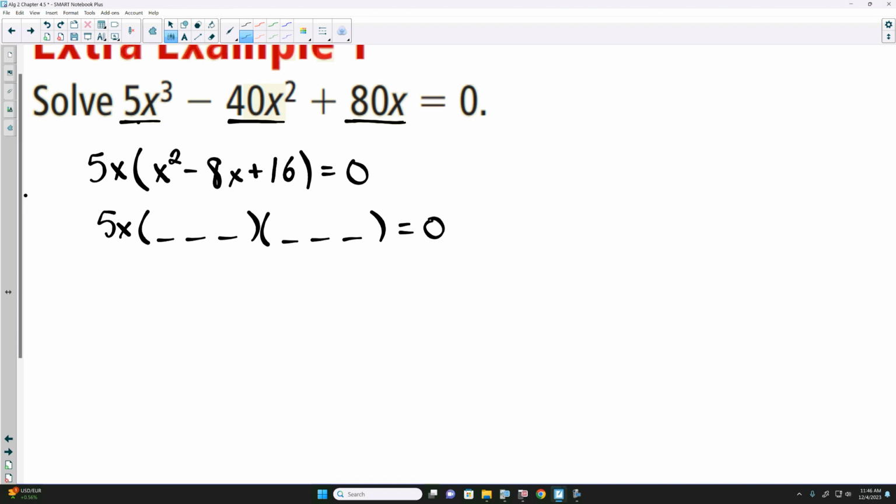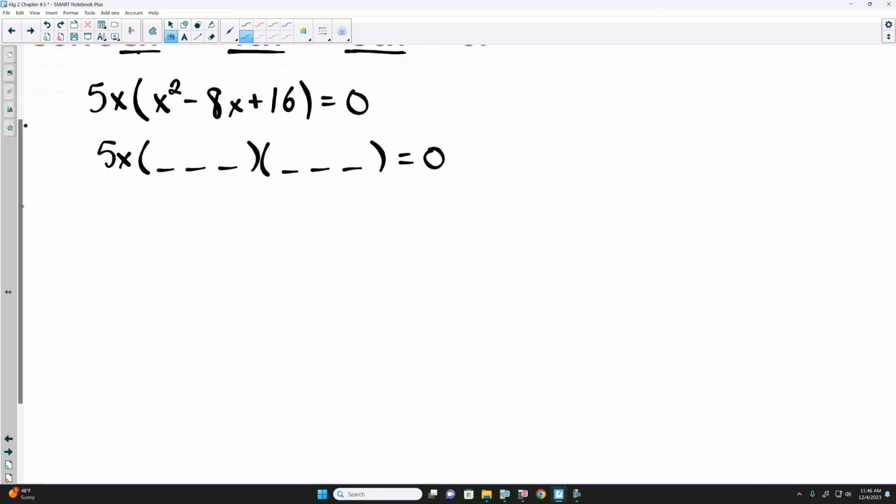Because the simpler we can get this, the better, and it's easier to solve. If we can set it up as 3 things multiplied together, we know one of them must be 0. So we'll definitely have 5x equal to 0, and our two other expressions equal to 0. The next part is factoring our x squared minus 8x plus 16.